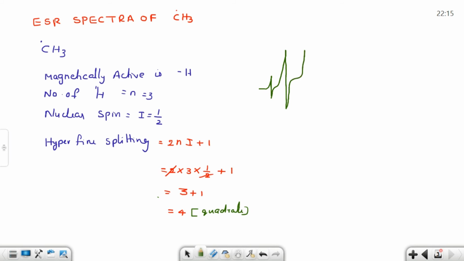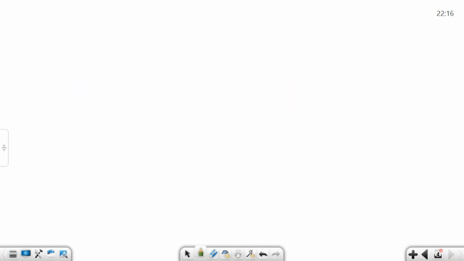On the x-axis we are taking the external magnetic field strength, and on the y-axis we are taking the dA by dH value, and the intensity ratio of the signal is 1:3:3:1. Now let us observe how the signal is forming here.